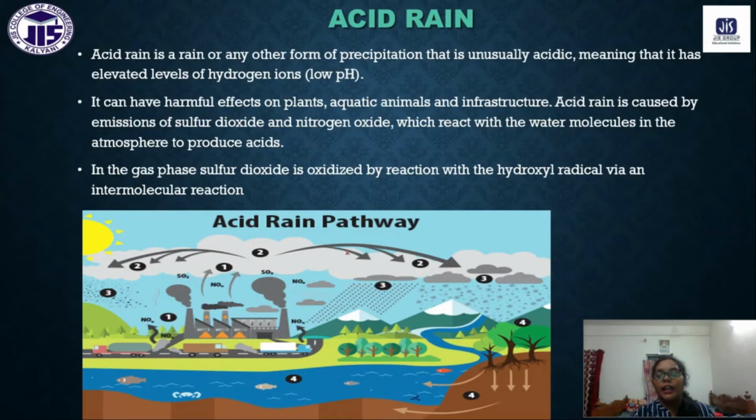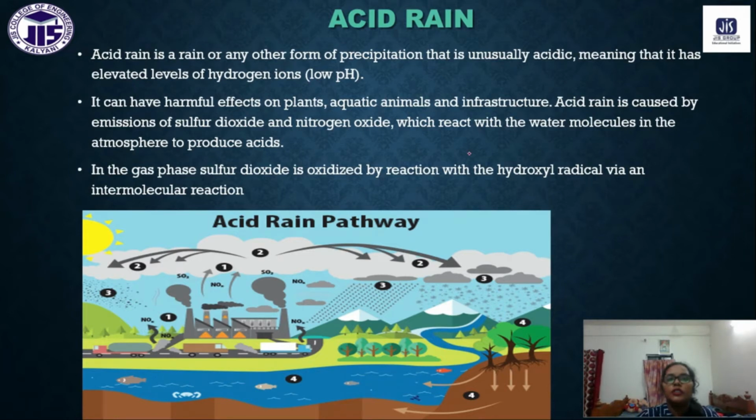While it is raining, the pH of that rainwater will be acidic. So this is called acid rain, which is harmful for all living systems and also non-living systems, having detrimental effects like corrosion.